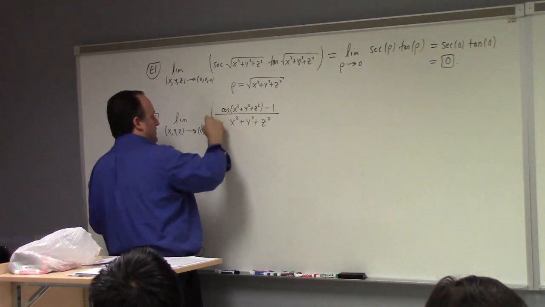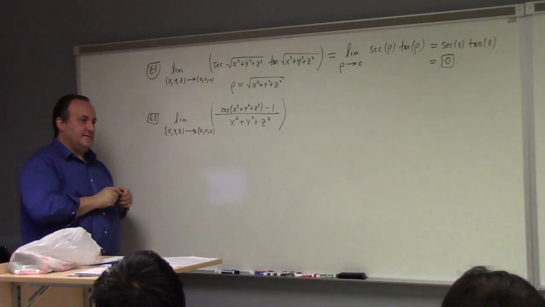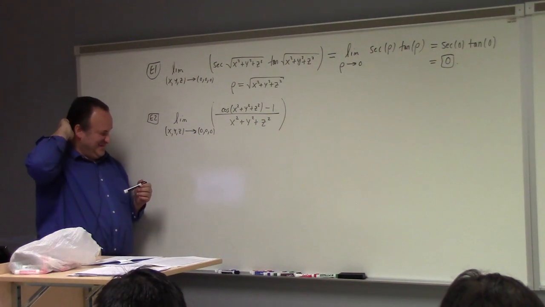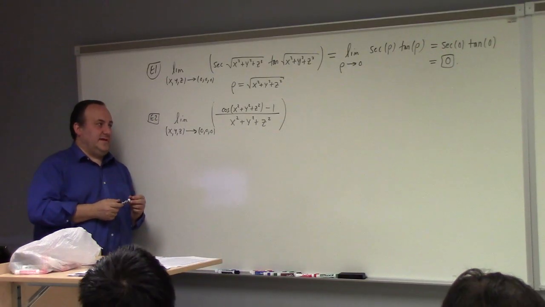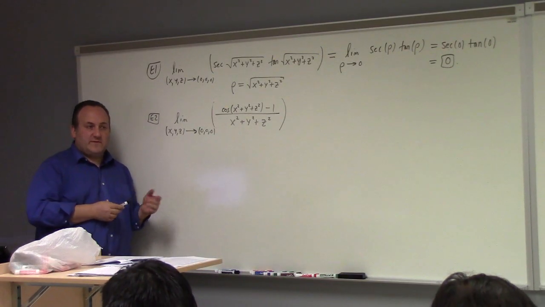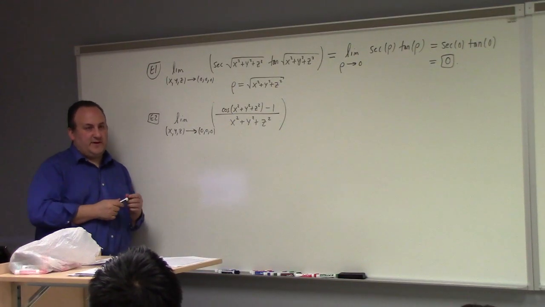All right, there we go. This has the badness, right? This is a baddie. Cosine of 0 is 1. 1 minus 1 is 0. And this is type 0 over 0, right? This is a genuinely indeterminate limit. We can't just plug in the limit point here. What do we do?